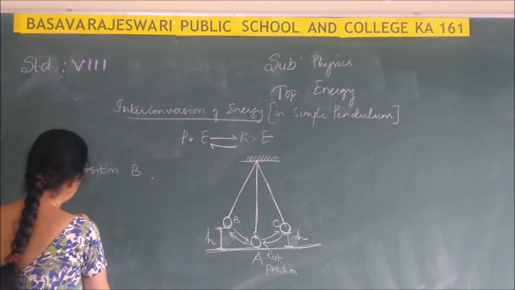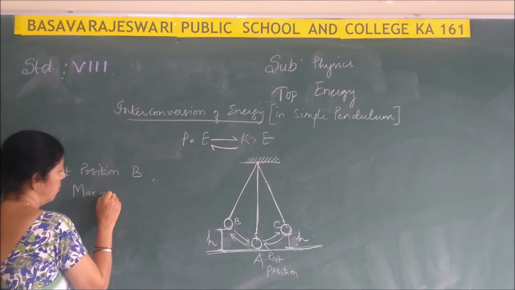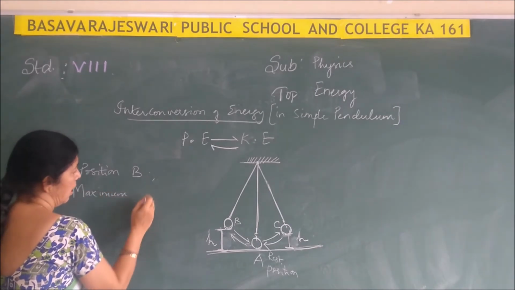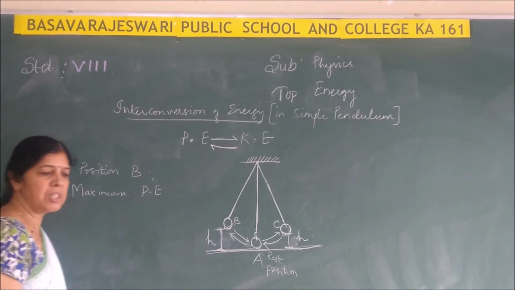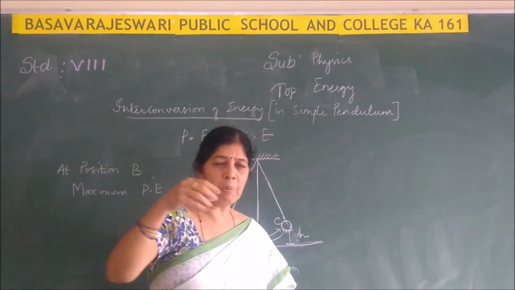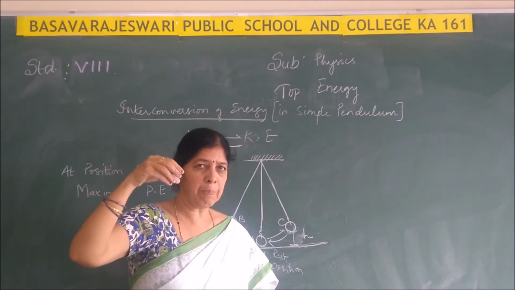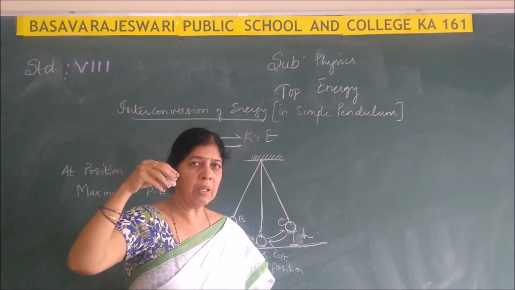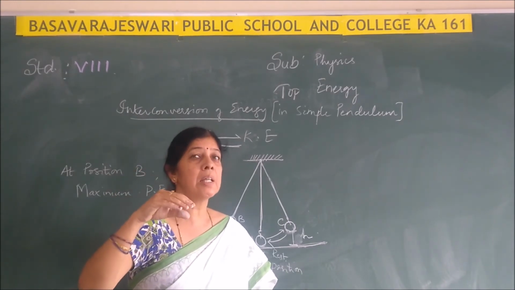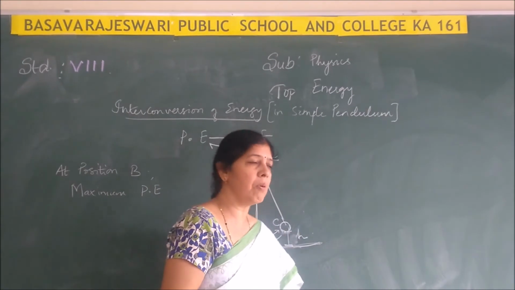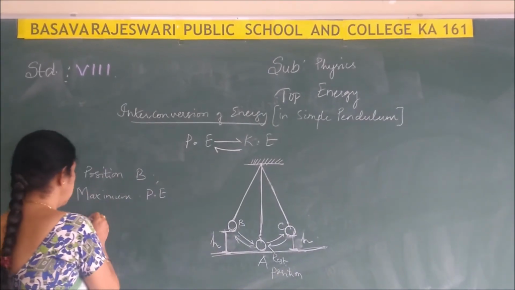Now at this position, the bob will have maximum potential energy. So you have taken the bob to position B and holding the bob at position B. When you are holding, its velocity is 0. If the velocity is 0, then what happens? The kinetic energy becomes 0. But due to the height, it will have maximum potential energy.